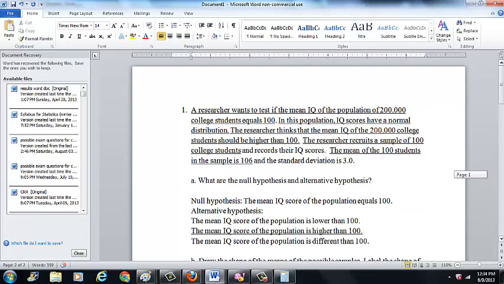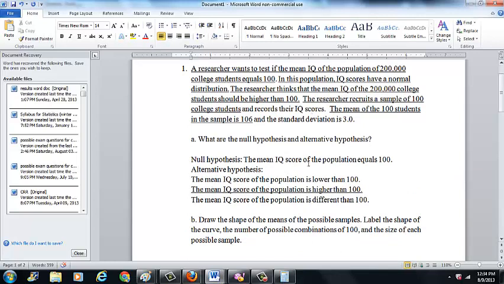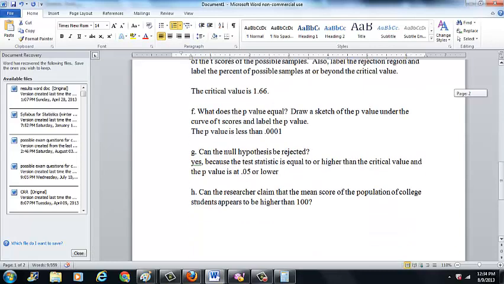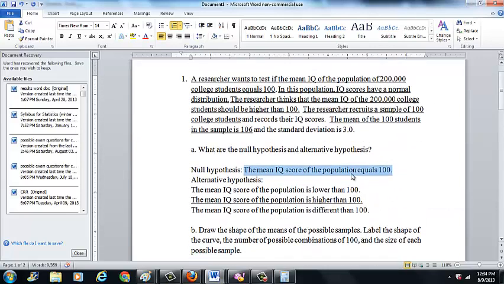The null hypothesis said that the mean IQ score in the population equals 100. And we know that the null hypothesis was rejected because of our test statistic and p-value, which means we're rejecting this possibility.